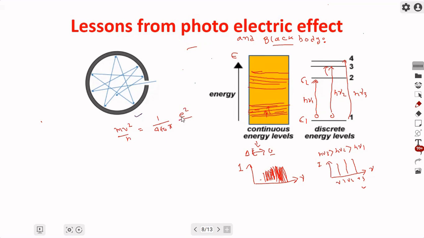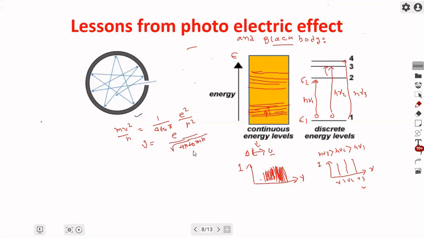So that is 1 into e and 1 into e by r square. From here, the expression of the velocity will become v equals e by root over 4 pi epsilon 0 m r.